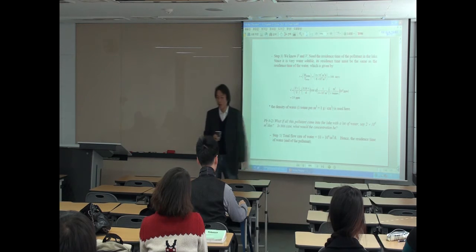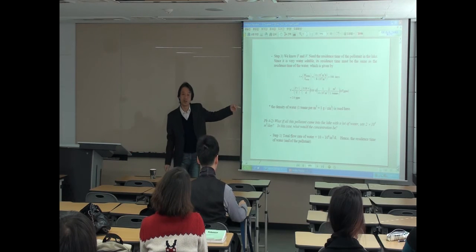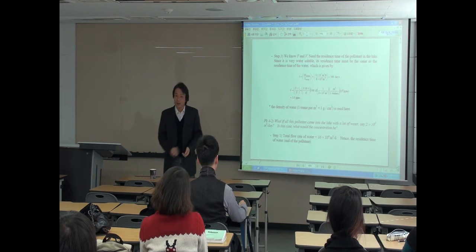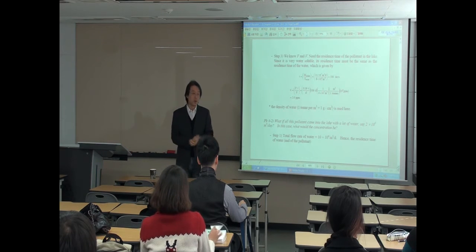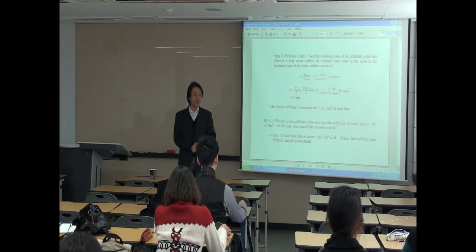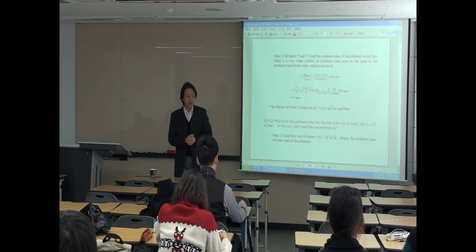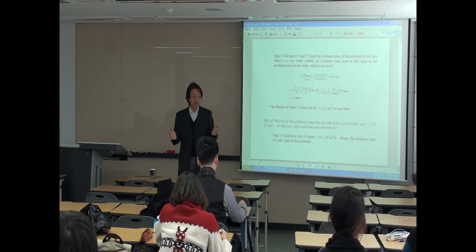So this is the reason why we do some simple calculation. You can say, Professor, we don't have to estimate this. Just measure the concentration. Take the sample and put it into ion chromatography, and we can get the concentration. Well, that's right.